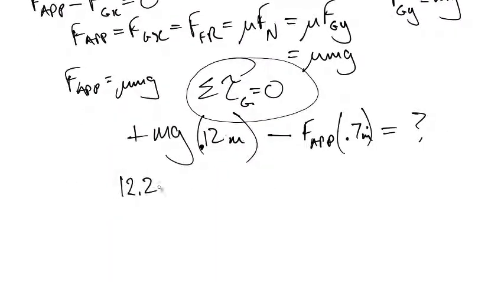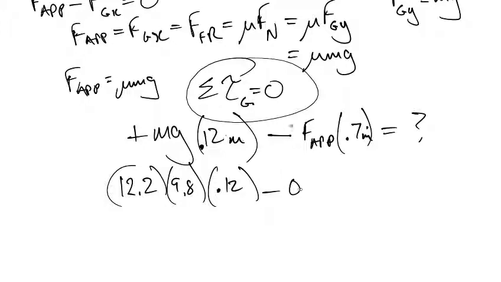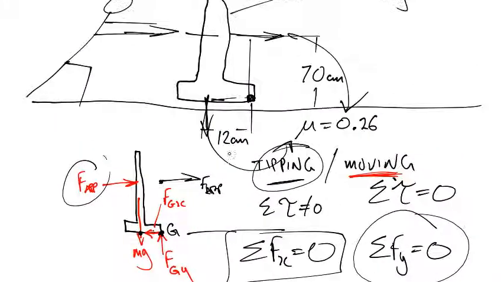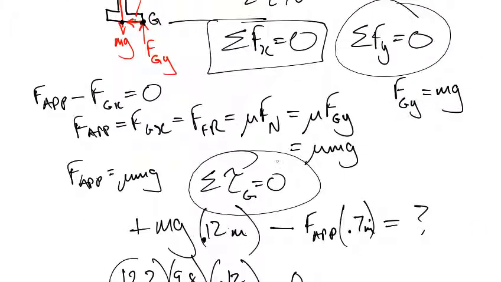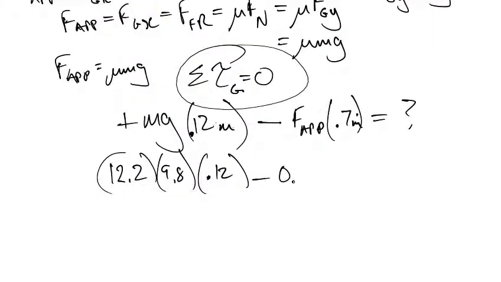Let's go back. So 12.2 times 9.8 times 0.12 minus mu, which was 0.26, times m, which was 12.2, times g, which is 9.8, times 0.7. Get our trusty RPN calculator, and we're almost done.